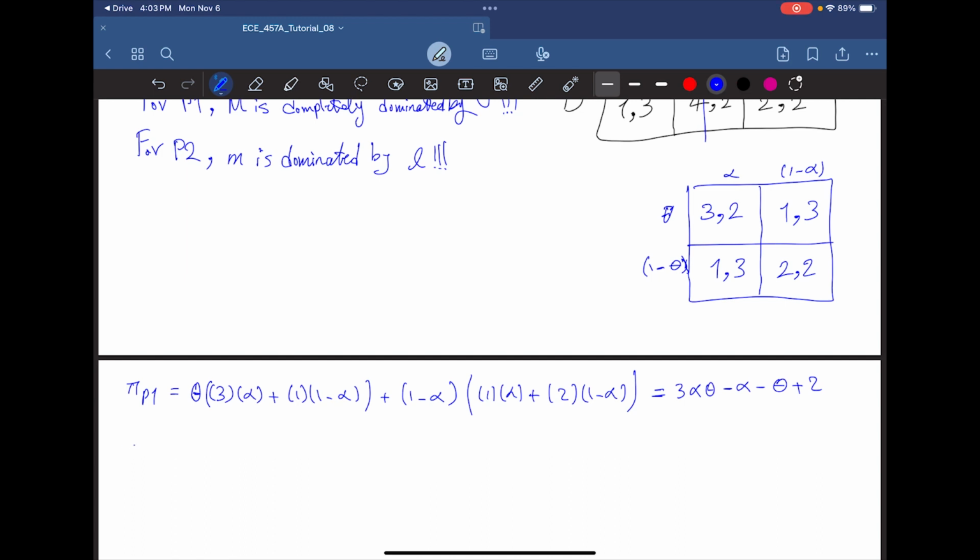And for the other player, that would be alpha times 2 theta plus 3 times 1 minus theta, plus, oops, sorry, I made a mistake over here.